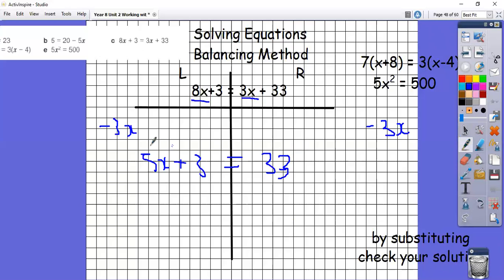33. And remember, I need to get this 5x by itself. So I'm going to subtract 3 from both sides. I want to basically get this 3 onto this side, so this positive 3 becomes a negative 3.